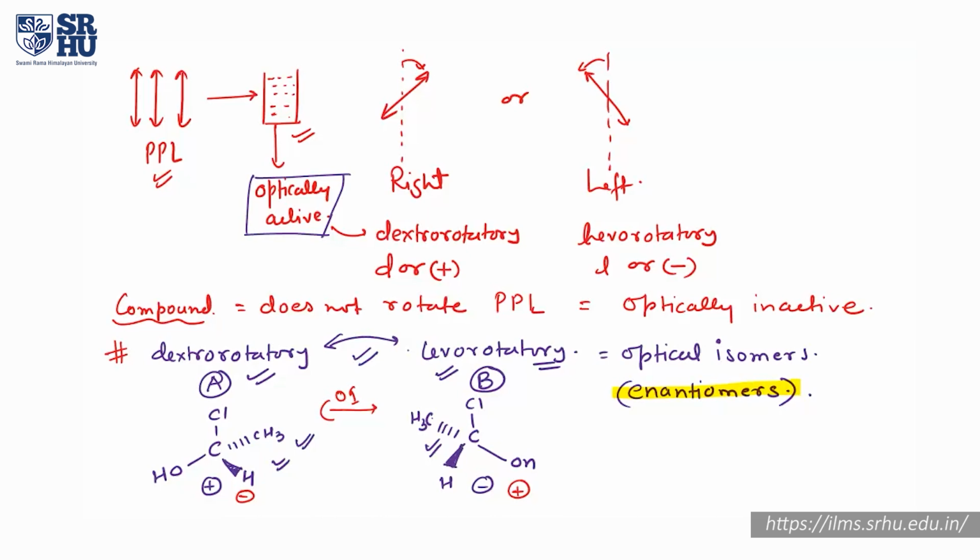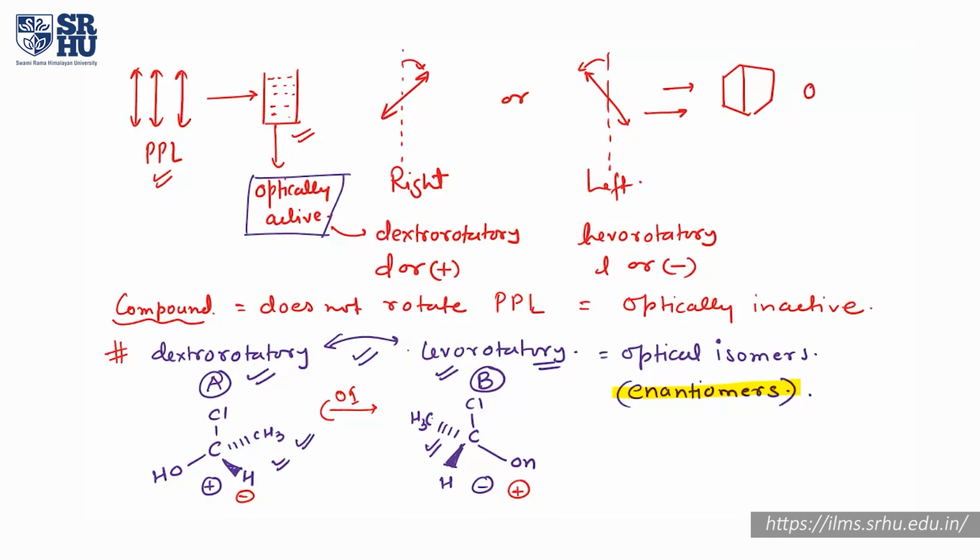Okay, coming to the practical aspect, after the light is rotated towards either left or right, it is again passed through a Nicol prism. Now obviously the plane of light has been rotated and it is not aligned with the Nicol prism.